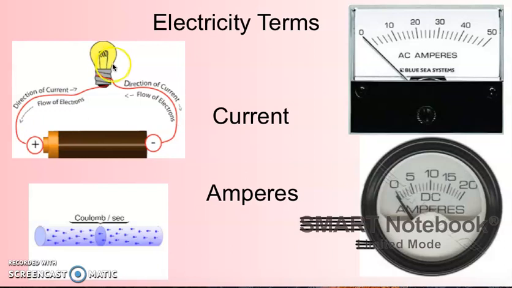It's the negatively charged electrons that do the flowing. However, the flow of current actually travels in the opposite direction of the negative electrons. So you have flow of electrons in one direction, and the current actually goes in another direction, which is kind of interesting. So you know how we talked about how things flow from higher concentration to lower concentration?